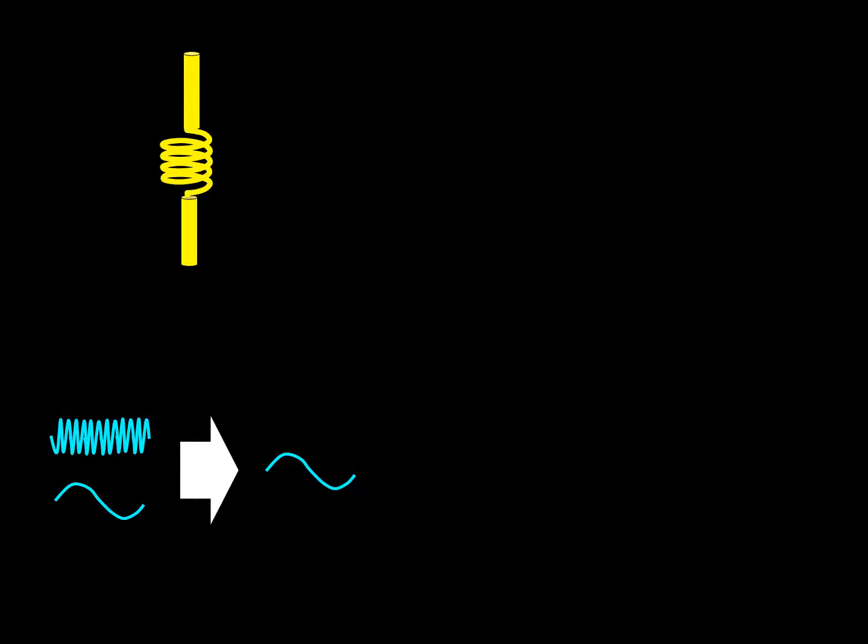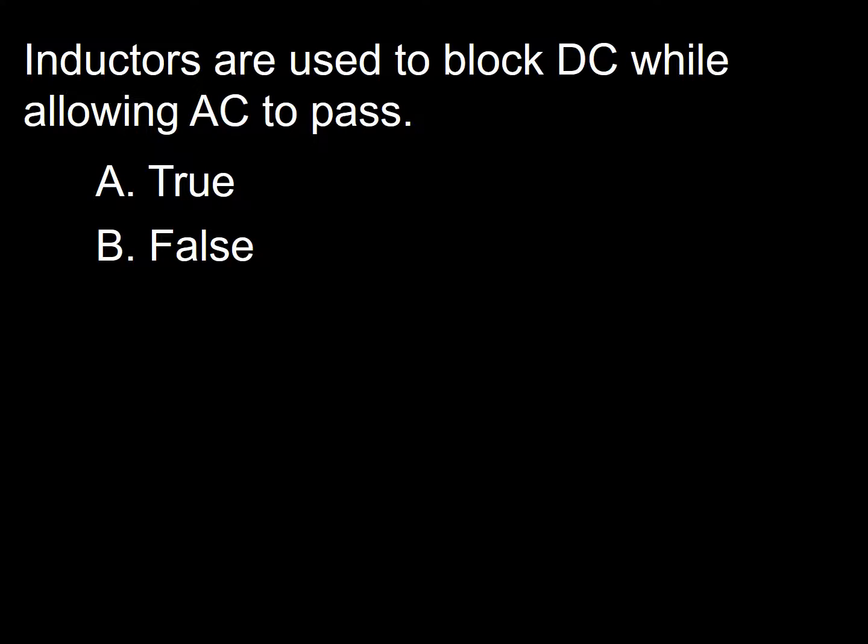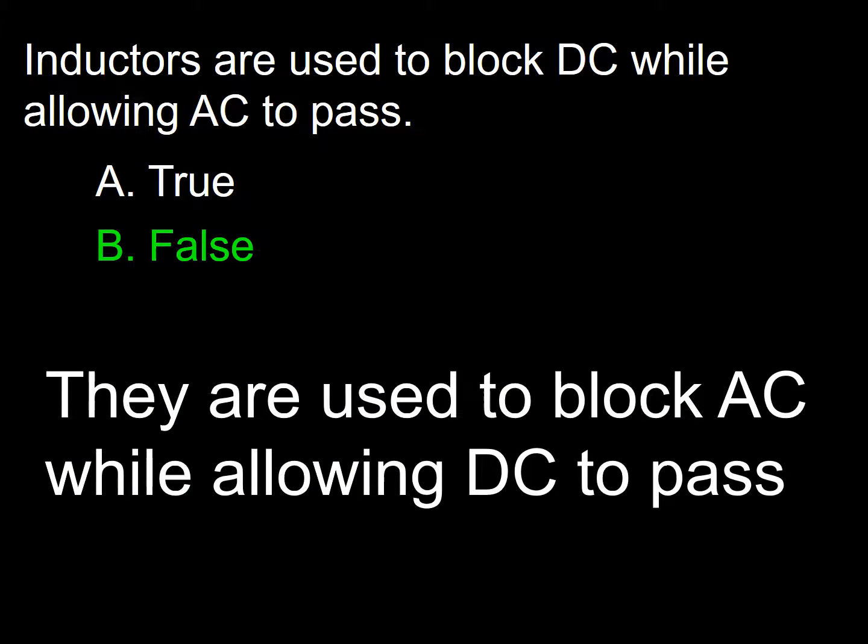The difference between inductors and capacitors is exploited in the production of certain filters. Inductors will allow a slow current to go through, whereas a capacitor will allow fast current to go through. So the answer to this question is false.